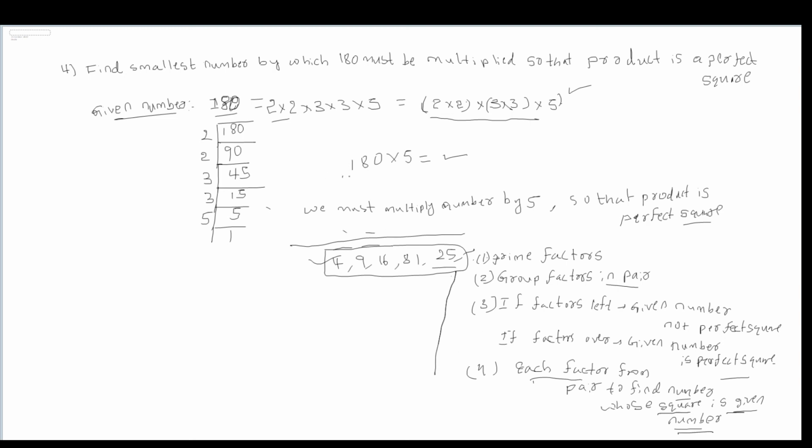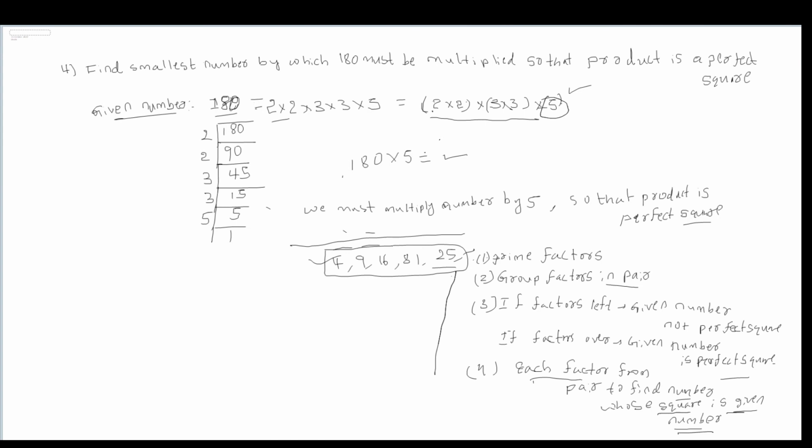Now in this problem, what they ask is 180. In the prime factorization of 180, one factor is left over, which is 5. You can't make 180 itself a perfect square.